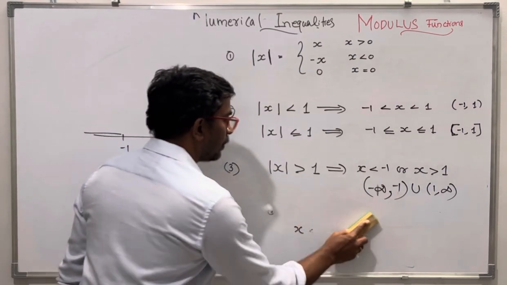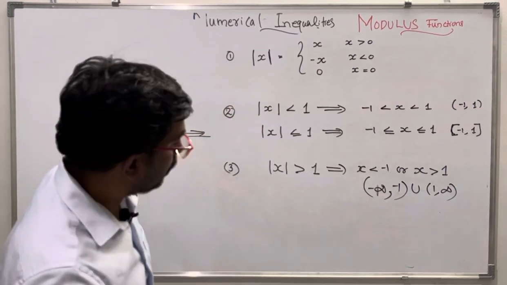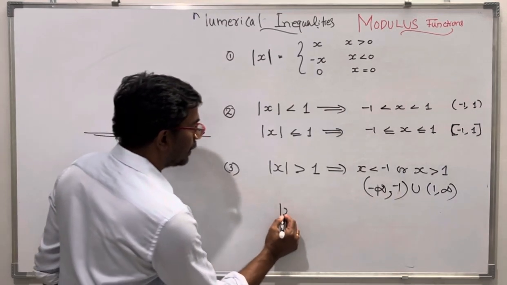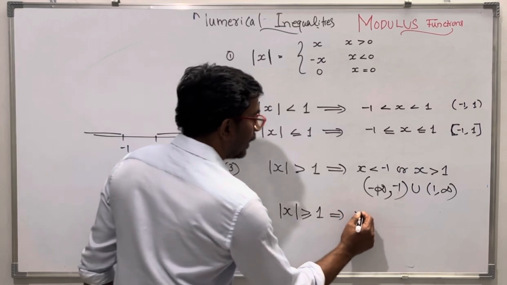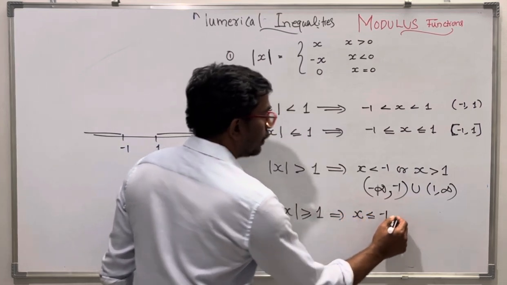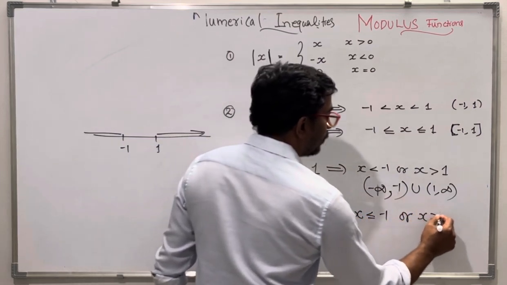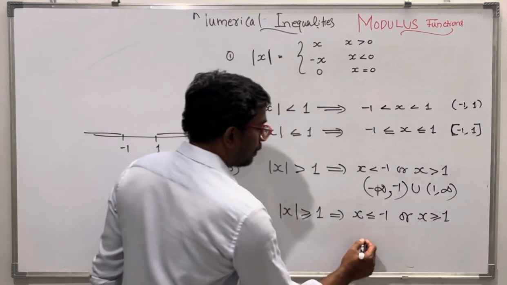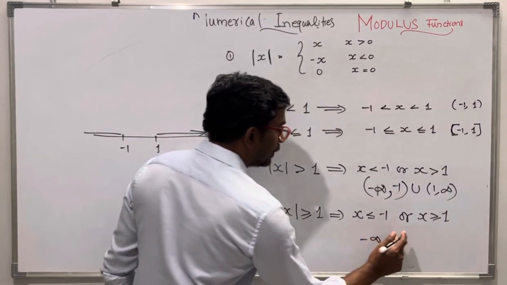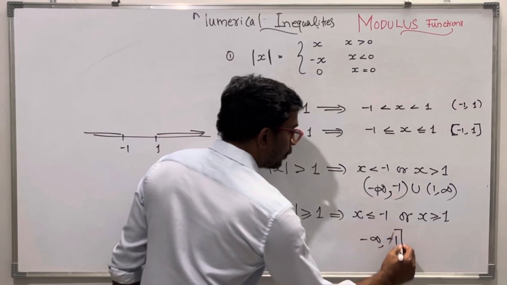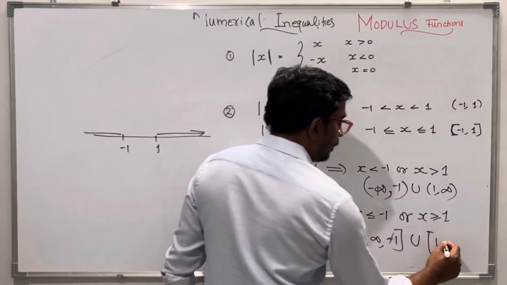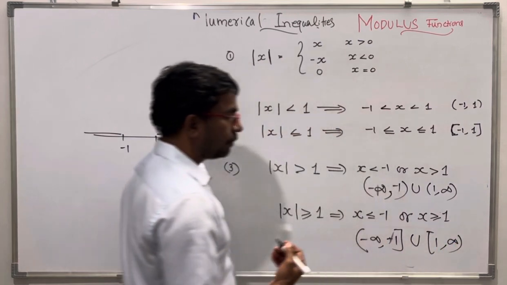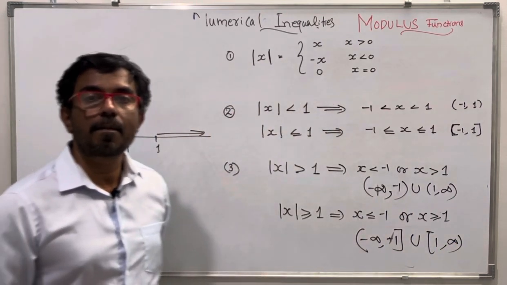With the equal sign also, it doesn't change. Only thing, closed interval comes. Suppose mod x greater than or equal to 1, this implies x less than or equal to minus 1 or x greater than or equal to 1, or minus infinity to minus 1 closed interval, union 1 to infinity.